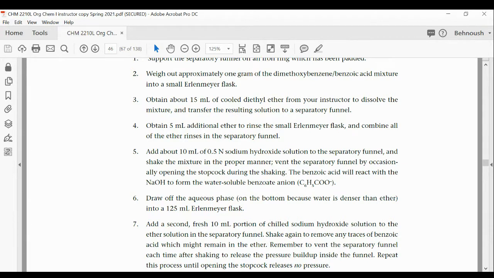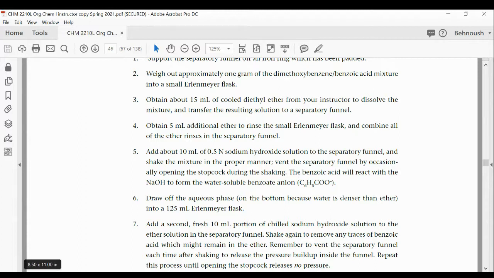Why am I transferring and then adding 5 additional? Be sure that all of the benzoic acid and dimethoxybenzene dissolves.